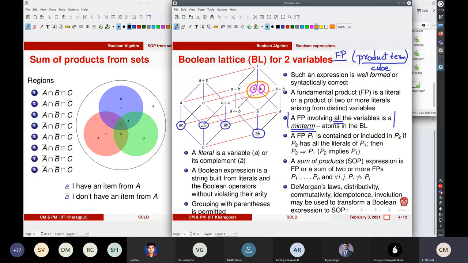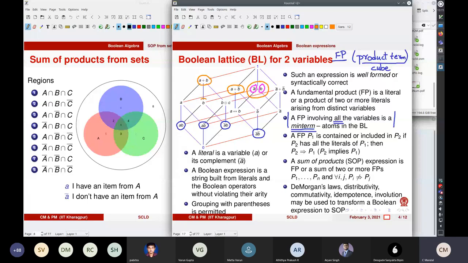But this is a mean term, and as you can see, these mean terms appear as the atoms of the lattice. And what you remember is that any element of the lattice, these nodes that you see, these are really the elements of the lattice.